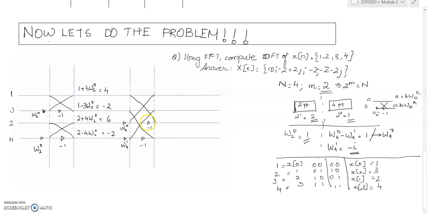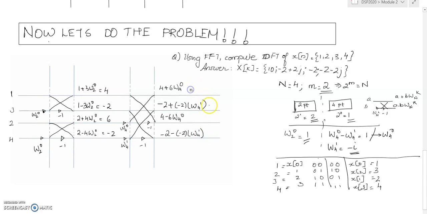So the first butterfly, I am solving it. This will be 4 plus 6 W40, and here it will be 4 minus 6 W40. Here it will be -2 plus -2 W41, and here it will be -2 minus -2 W41.